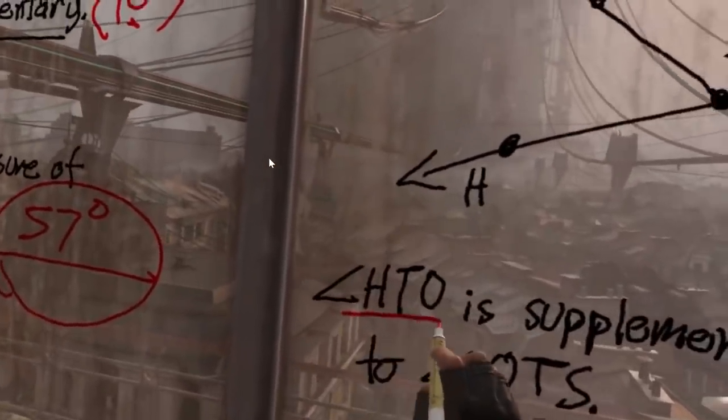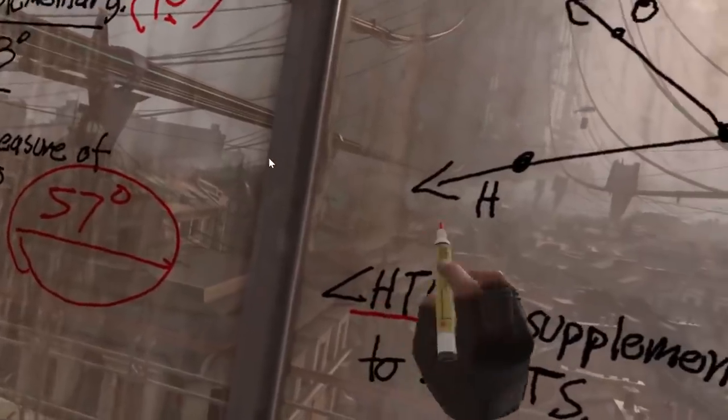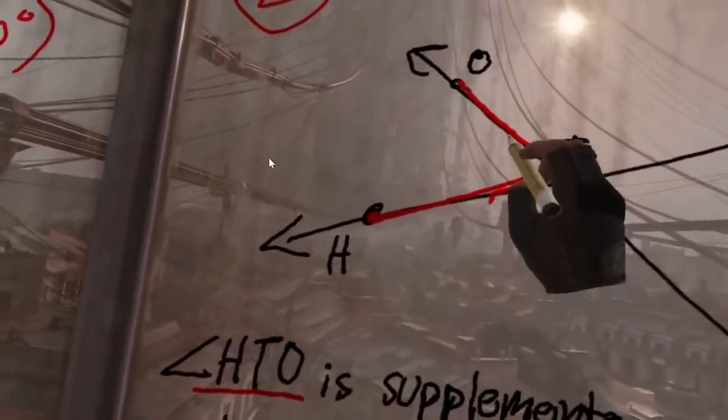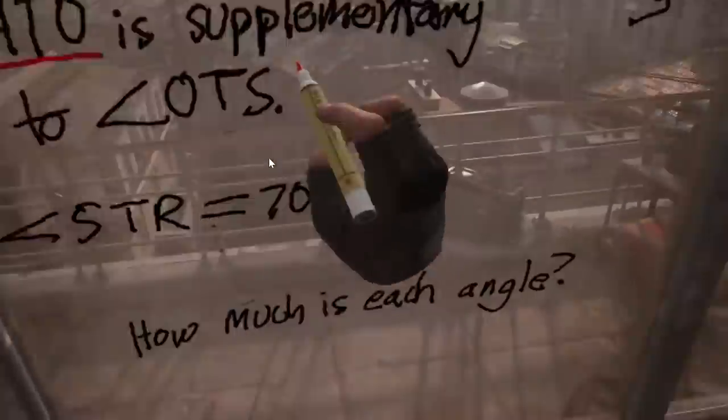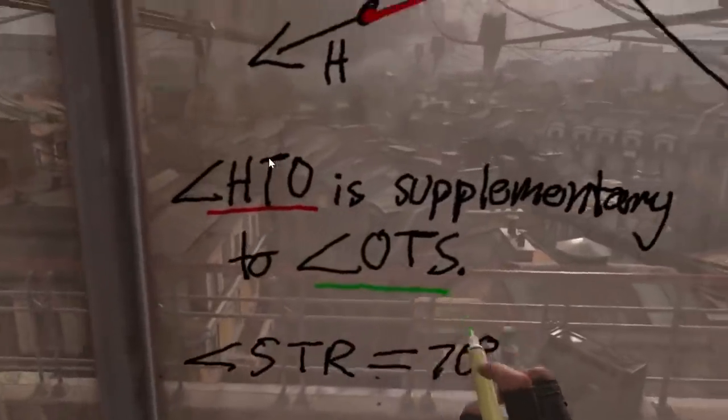First, where is angle HTO? HTO, you read it like this. You find the first point H here to T, so it goes over to T, and then to O, so up here. Okay, so that angle, angle HTO, is this angle, which is supplementary to angle OTS. Let's find that angle.